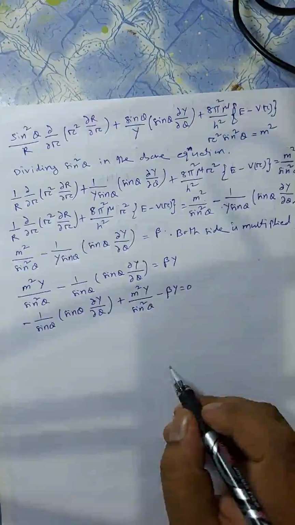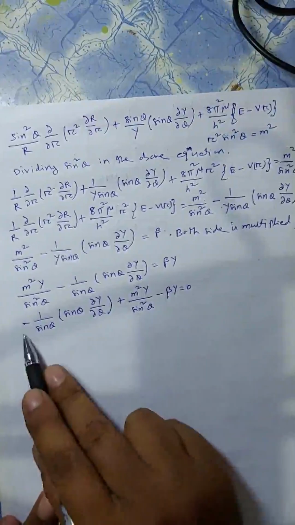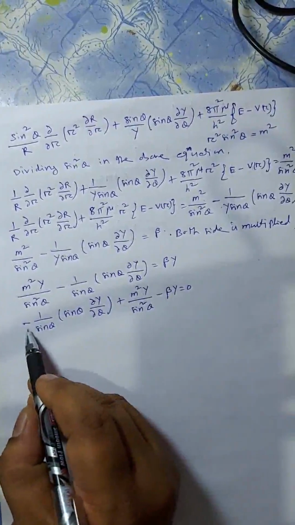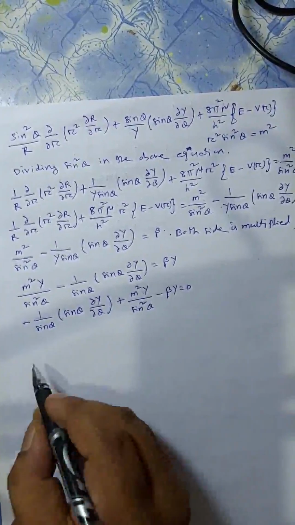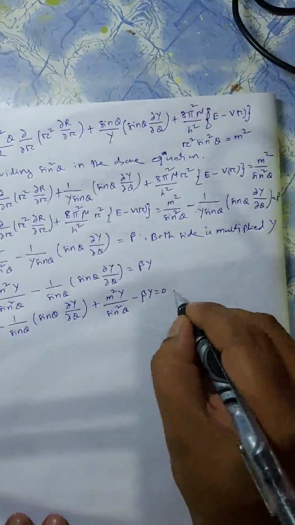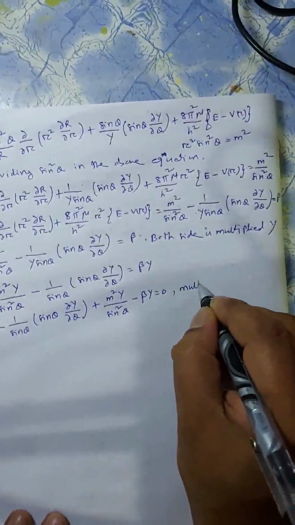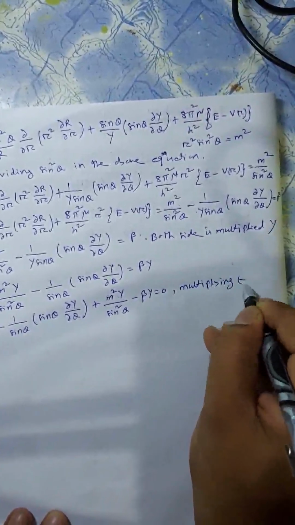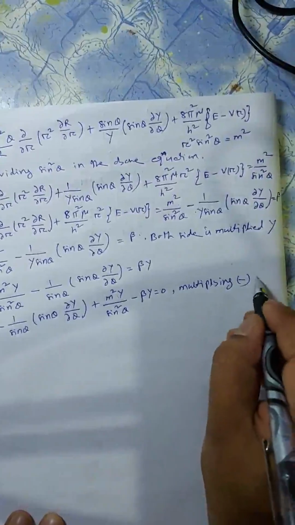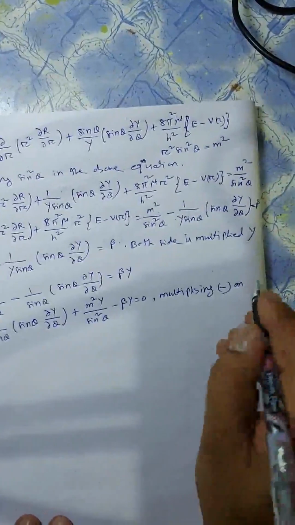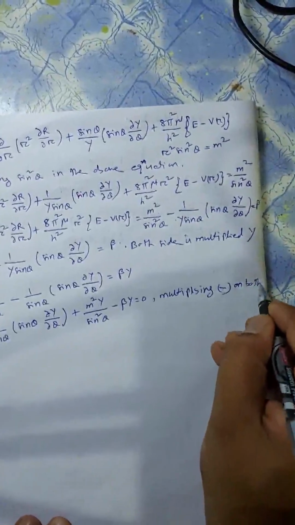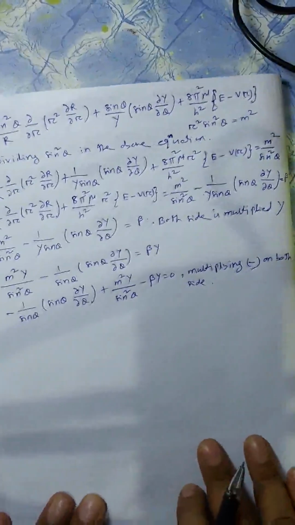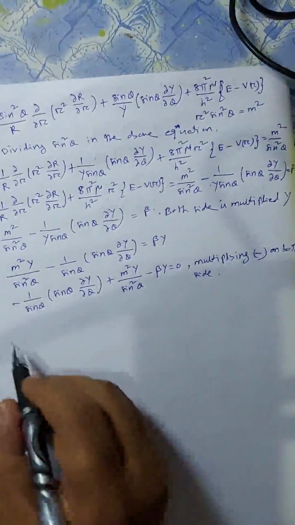Then what do we do? Take y common and multiply by minus on both sides. When we multiply by minus, it becomes plus. So what happens?